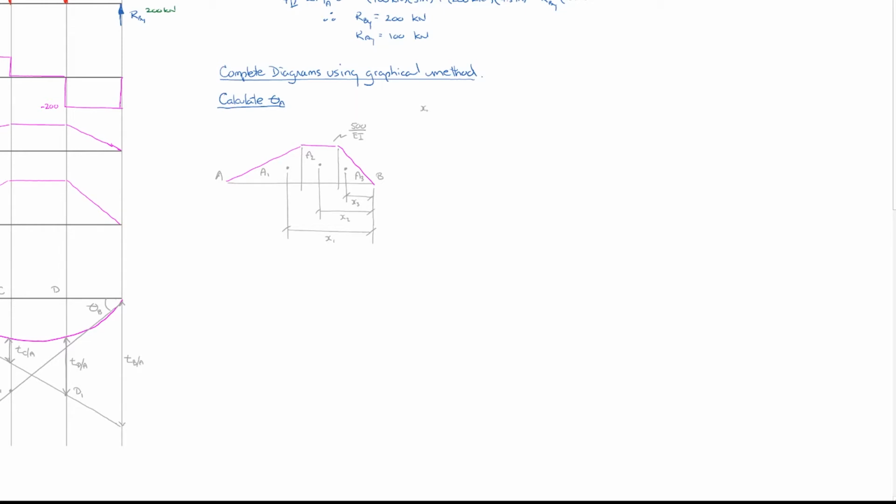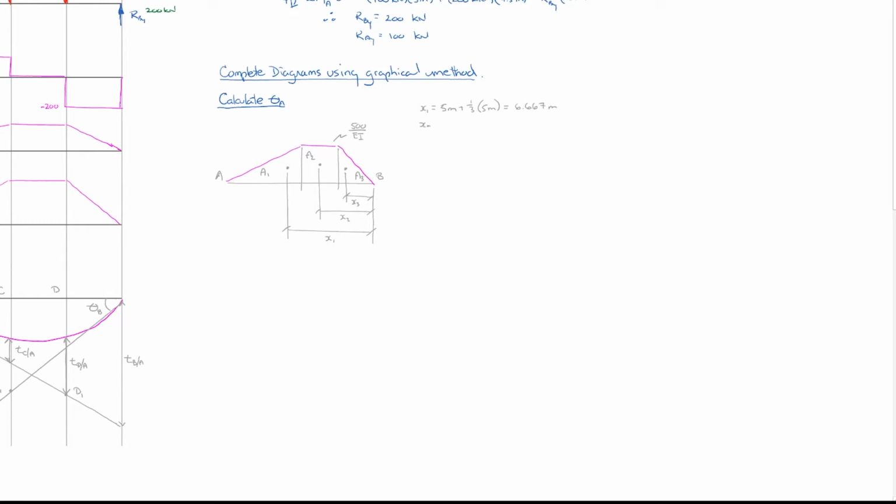So we need X1, and X1 is going to be the first 2.5 meter section plus 1/3 of the second 5 meter section, which we can calculate out and we can get 6.667 meters.